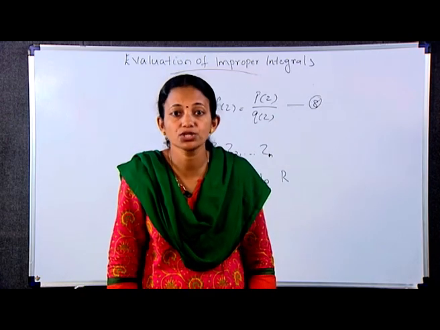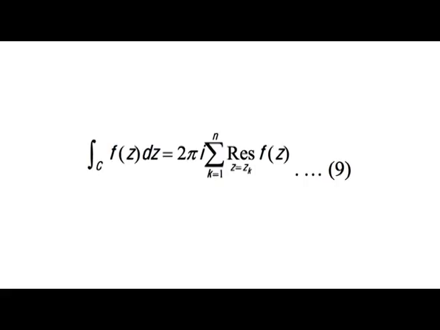Then by Cauchy's residue theorem, we have the integral over C of f(z) dz equal to 2 pi i times the sum, k varies from 1 to n, of the residue at z equal to zk of f(z). Equation number 9.